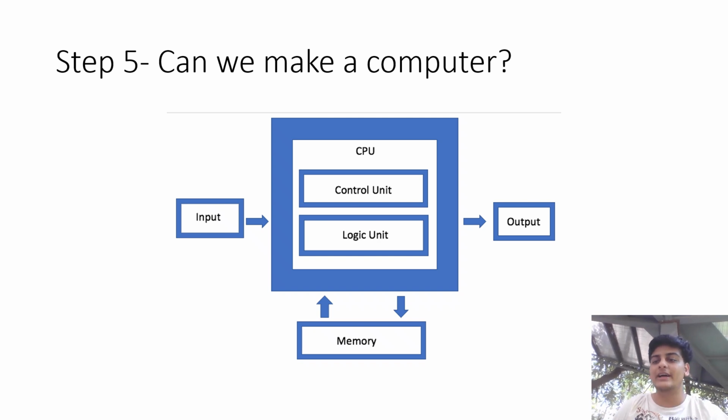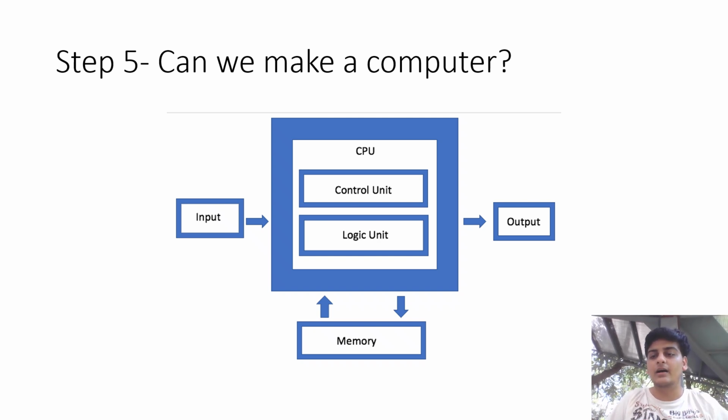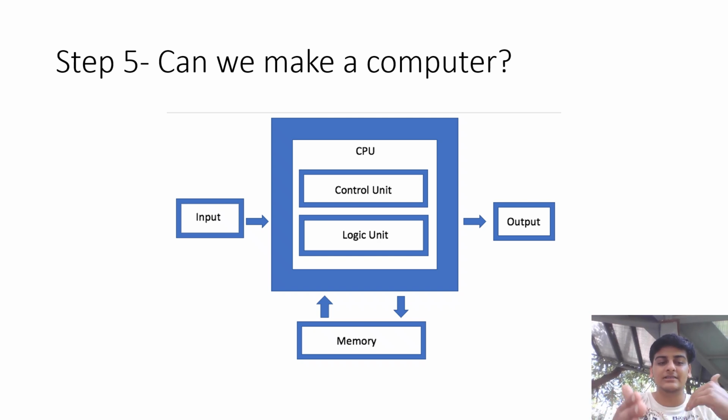Or if your input says pull some value from the memory, add it to some other value and present the outcome, then the control unit has the circuitry and switching to pull that value from the memory using the electronic buses, and activate the circuit for addition. The circuit for addition then does the computation and pushes it to the output. So this is all you have in a computer.